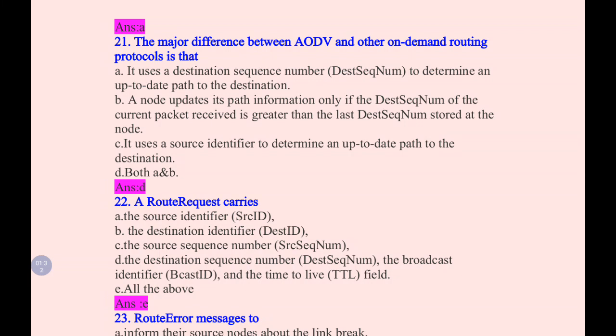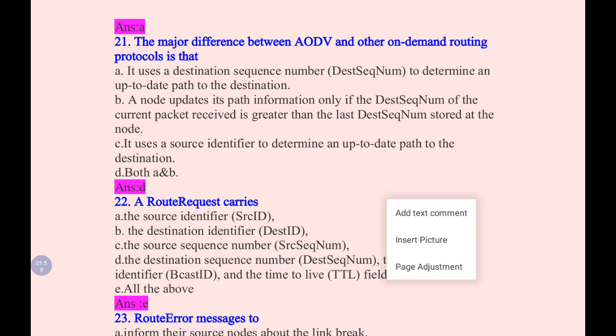So actually this question I have elaborated so that you can understand what are all the fields it carries. So all these 5 fields are carried by the route request. Okay, so you can easily remember these 5 things: source ID, destination ID, source sequence number, destination sequence number, and broadcast ID, and then time to live, TTL.